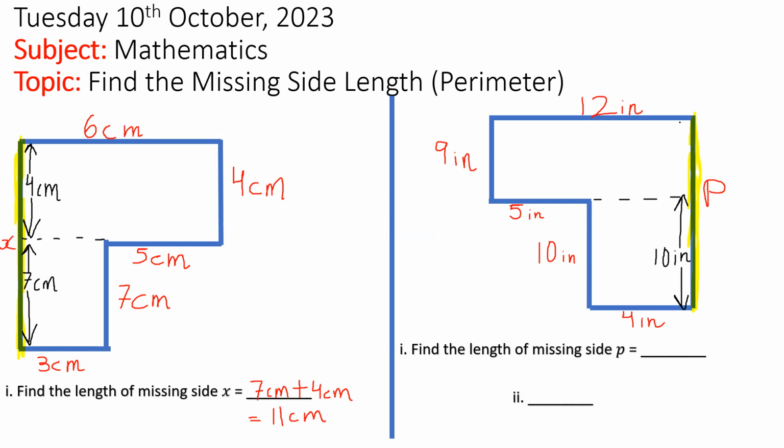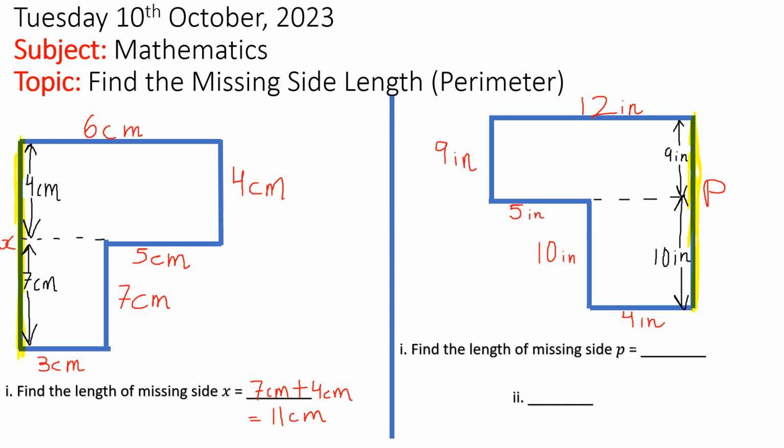Next, we also have this side, right? And how long is that? 9 inches. Very good. How do we know it's 9 inches? The opposite side is also 9 inches.